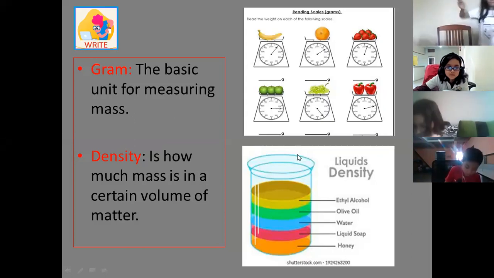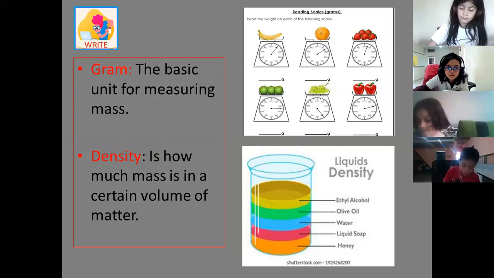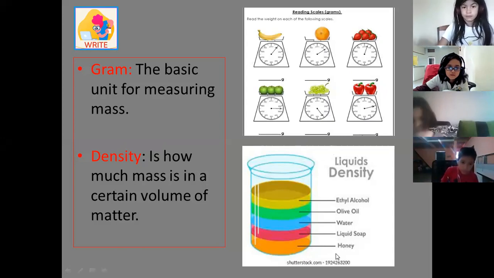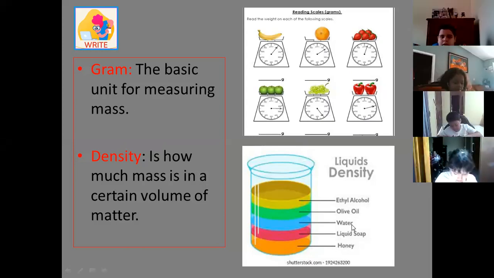peppers and all that. But the density, guys, we can find this in the liquids. So look here. I have this picture, okay? What if I put all those liquids in here together, like honey? The honey has more density than the liquid soap, than the water, than the olive oil, than the alcohol.